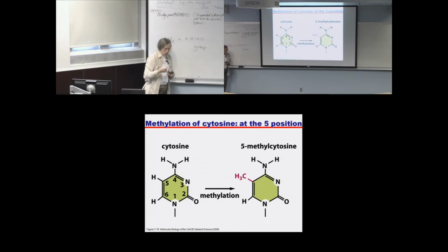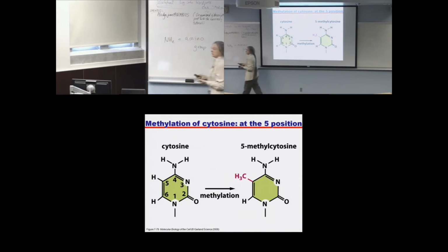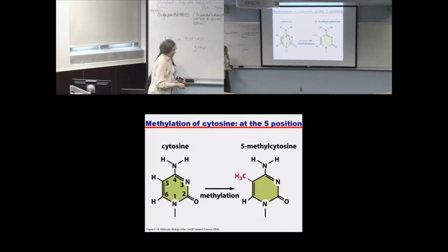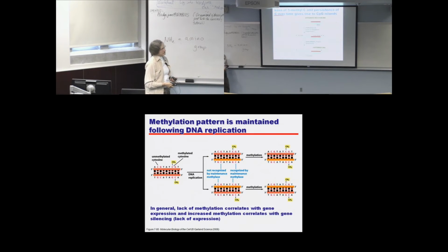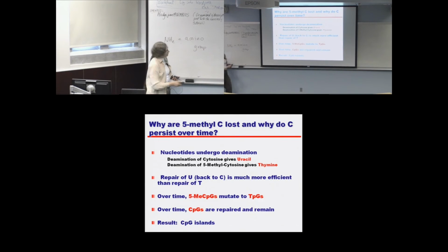So this chemical accident of deamination takes this and turns it into a uracil, but takes this and turns it into thymine. Uracil is obviously out of place. Thymine is not so obviously out of place. So repair of U's is much more efficient.